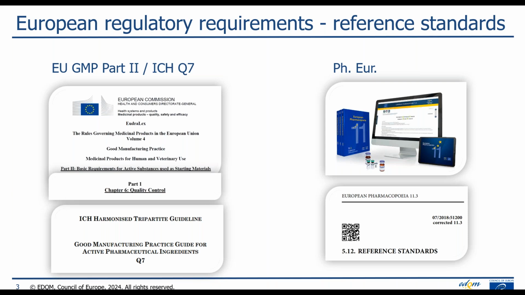I also want to clarify at this point, there are, of course, further requirements outlined in EU GMP Part 1 in Chapter 6 for quality control, but given EDQM inspections only relate to APIs, I'm just going to talk about Part 2 today.